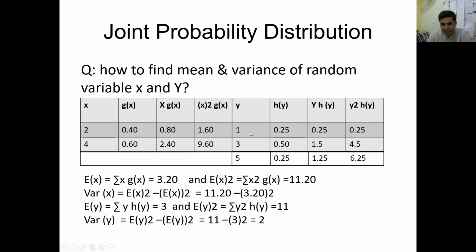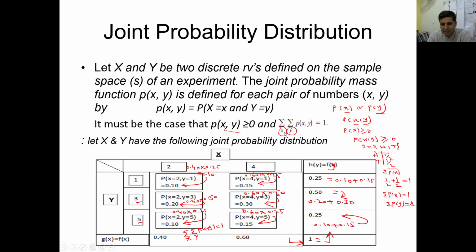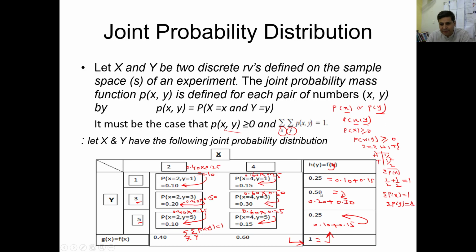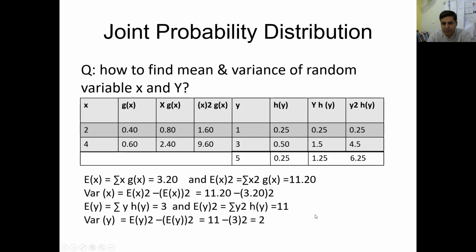Similarly, for h(y), when y is equal to 1, the probability was 0.25, which we have already calculated in the previous lecture. When y is equal to 3, the probability was 0.50, and when y is equal to 5, it was 0.25.